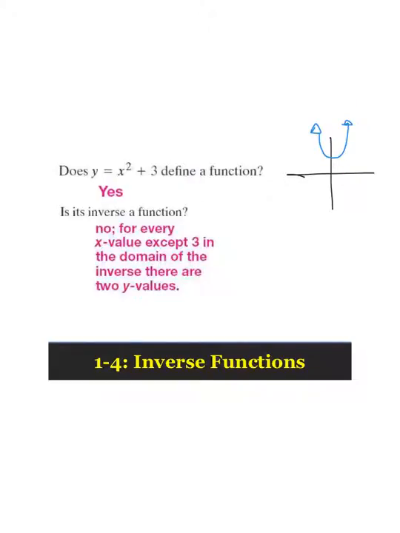However, the inverse, which we just found, is not going to pass the vertical line test, because you've got to put both the plus and the minus square root of x minus 3 in there. You had to put both of those in your calculator, in separate parts of your y equals.